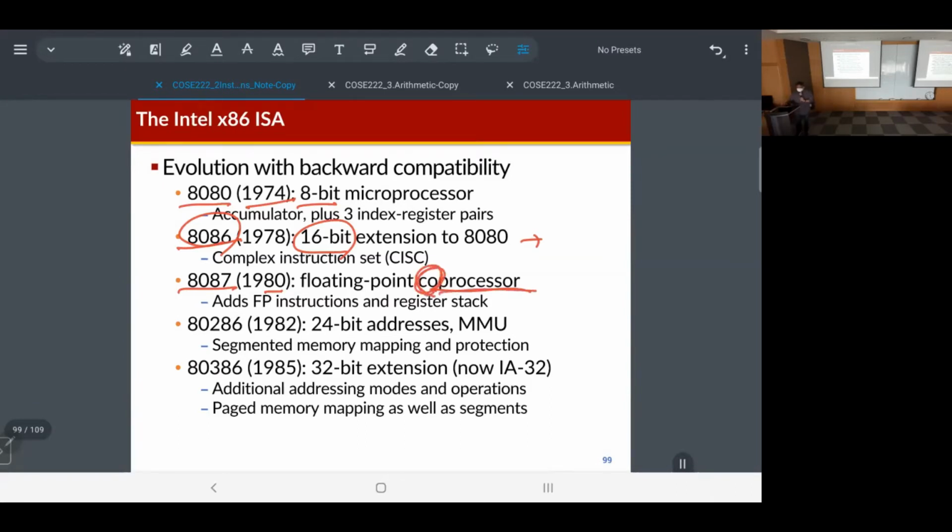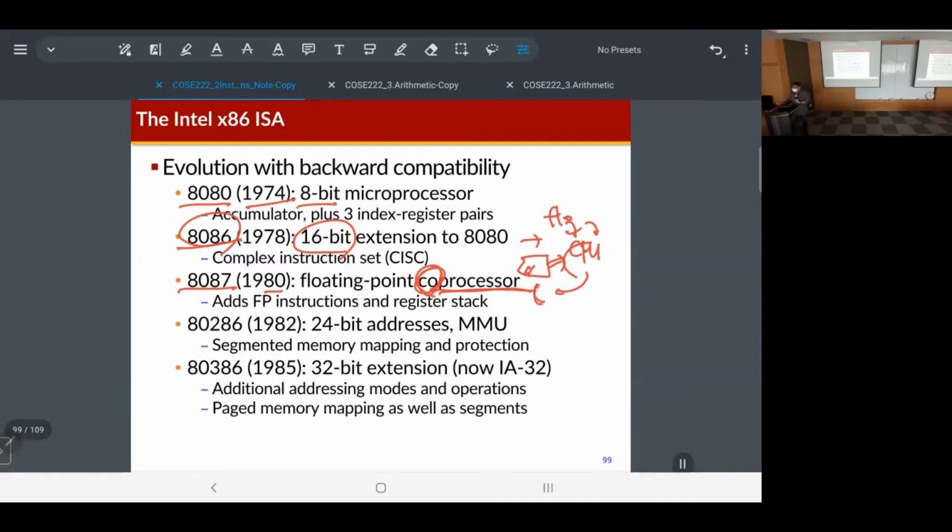Coprocessor means there is a CPU, and the coprocessor is attached beside the CPU, and the floating point instructions are given to the CPU. The CPU sends these floating point instructions to the coprocessor, and the result is computed by this coprocessor.